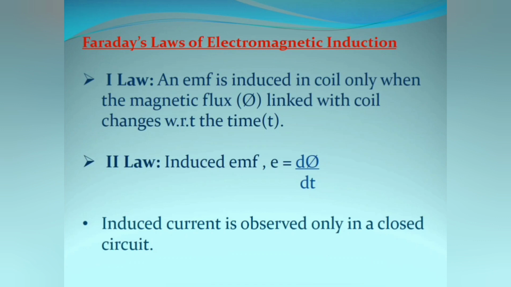So the magnitude of induced EMF is given by E equal to dΦ by dt. E indicates induced EMF and dΦ by dt indicates the rate of change of magnetic flux. That means, whenever magnetic flux with respect to time changes, then induced EMF takes place. So these are the 2 laws of electromagnetic induction.